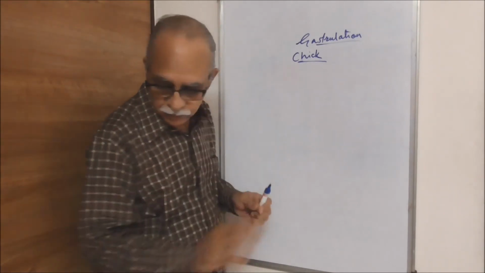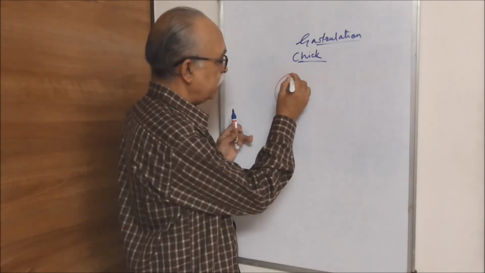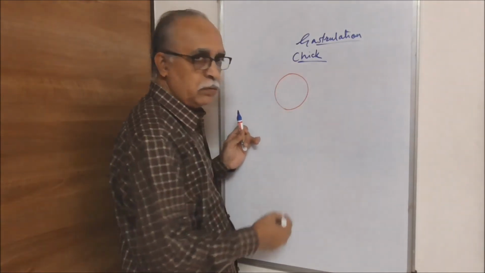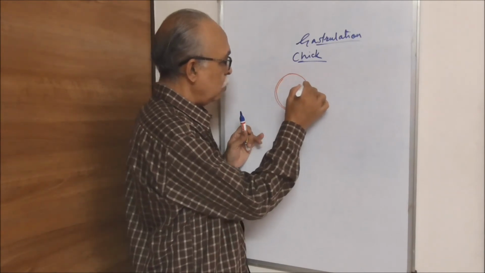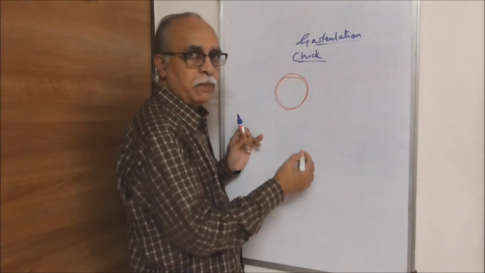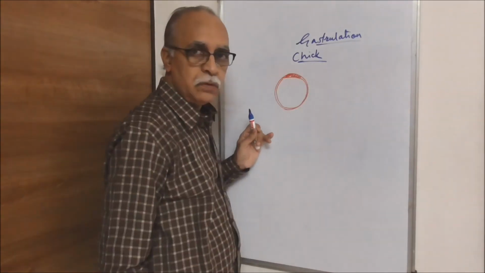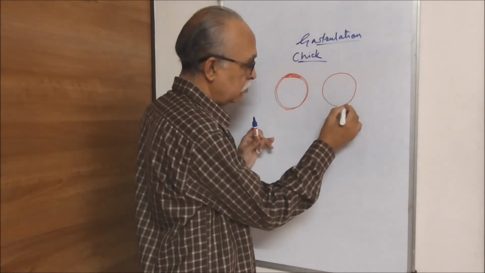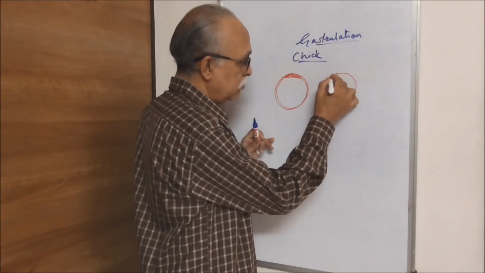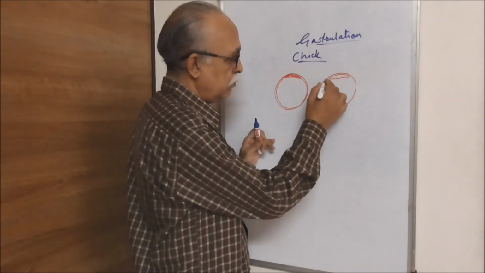So suppose if this is the entire zygote, major amount is occupied by the yolk, and this is where the embryo development is going to happen. So the blastula would be this is it.